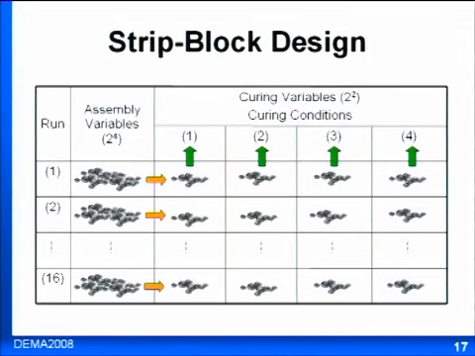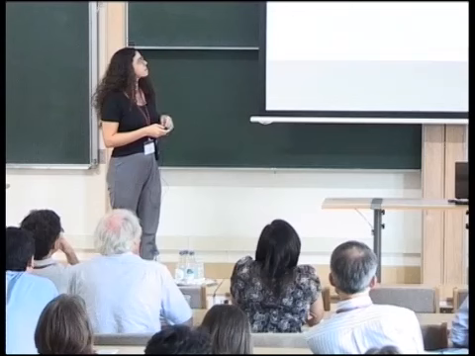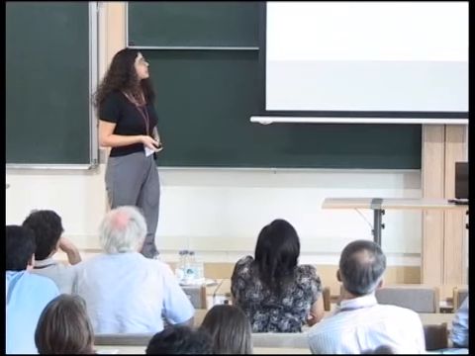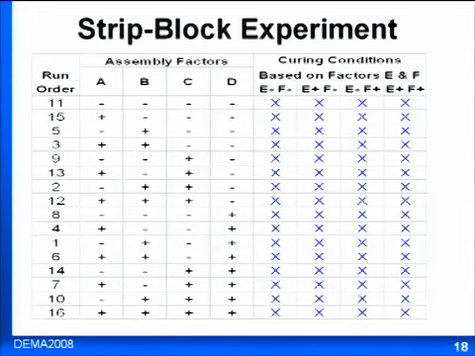And another experimental unit is each small batch. So this is a strip block or strip plot design, and we have here all the 64 combinations.